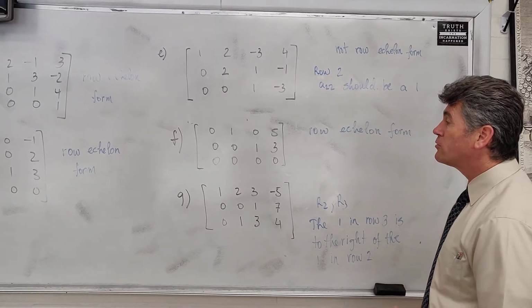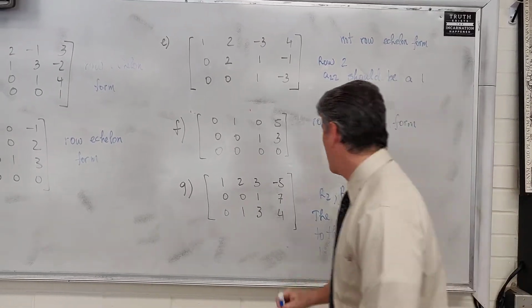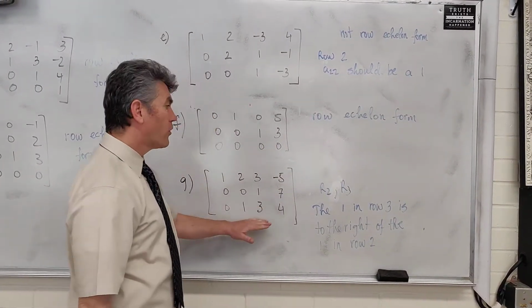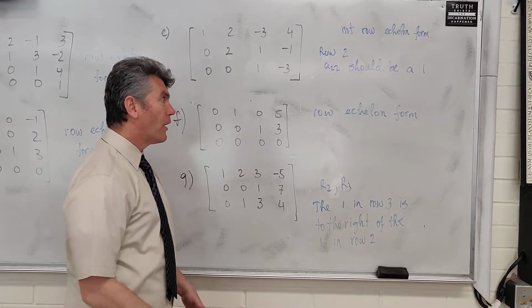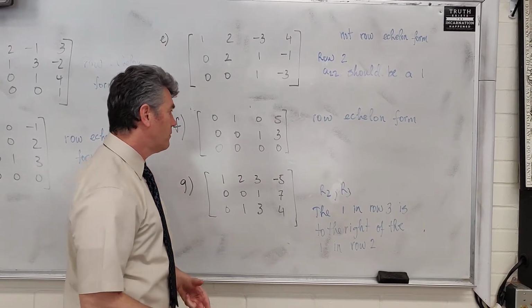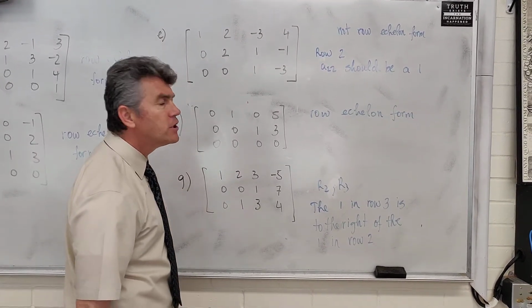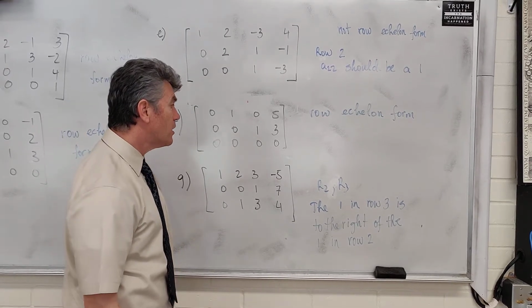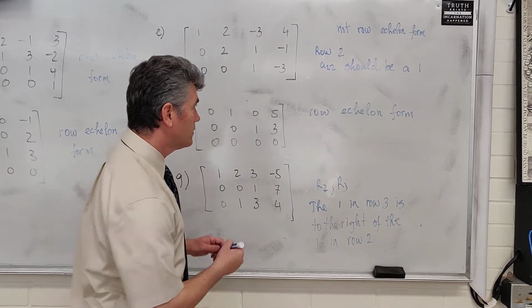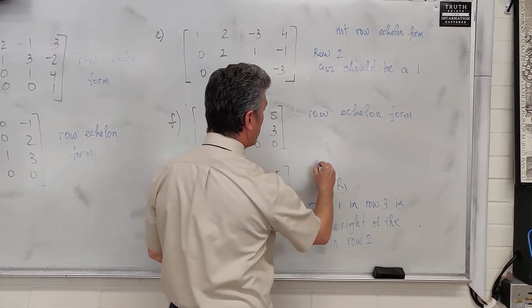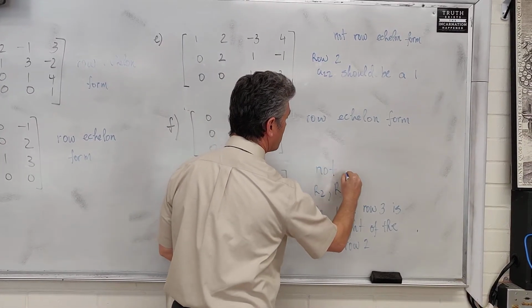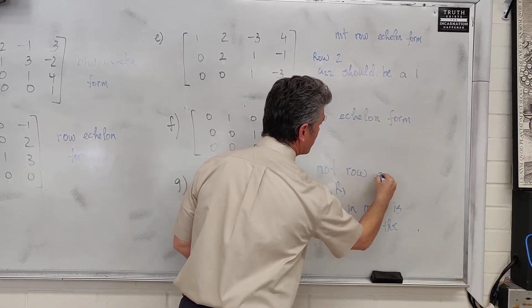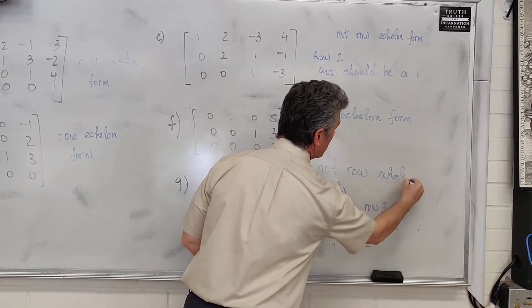That's not supposed to happen. And so, for G, one of the conditions in the definition is not satisfied. So this is not row echelon form.